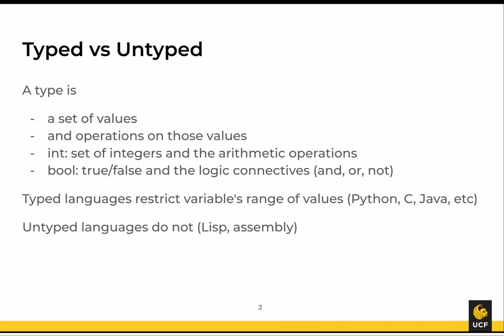Typed languages include Python, C, and Java. Even though Python has runtime type checking, which we'll see in a bit, it's still a typed language. It still enforces these types. Untyped languages like Lisp, or programming in assembly, let you do whatever you want. They do not restrict how you use values or the range of these values.